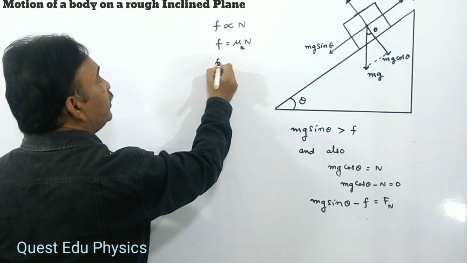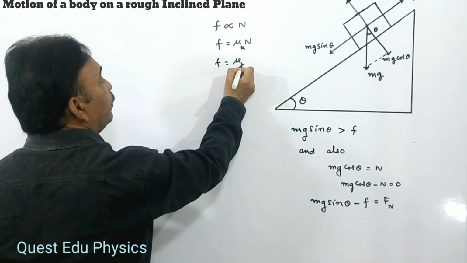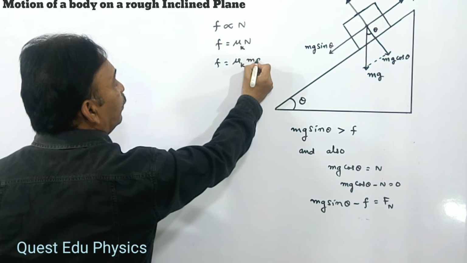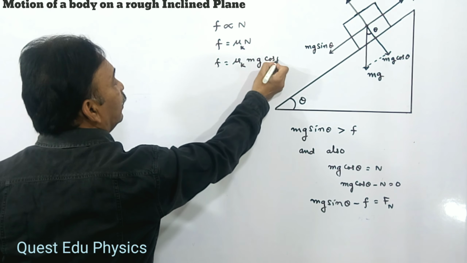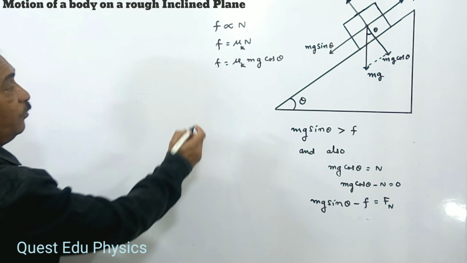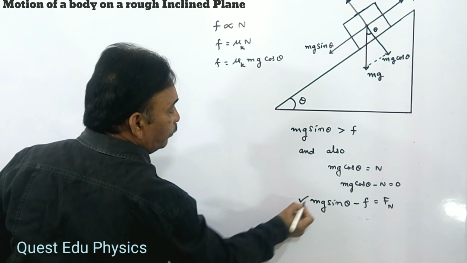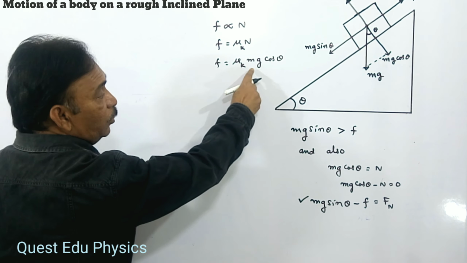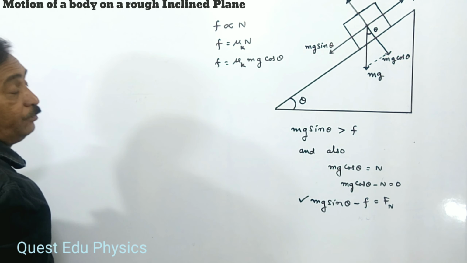That is, F is equal to mu k multiplied by N. N is equal to mg cos theta. Then we have this relation, and we got the magnitude of F is equal to mu k into mg cos theta.